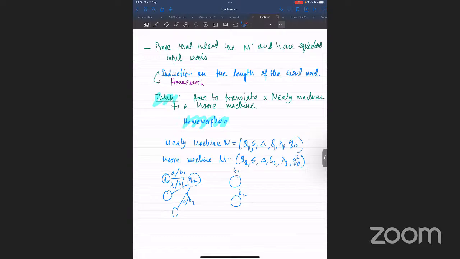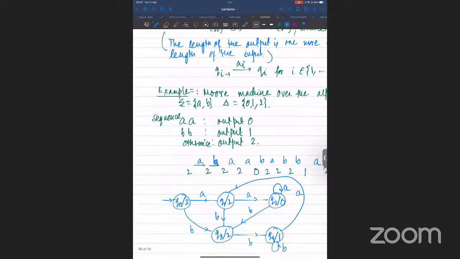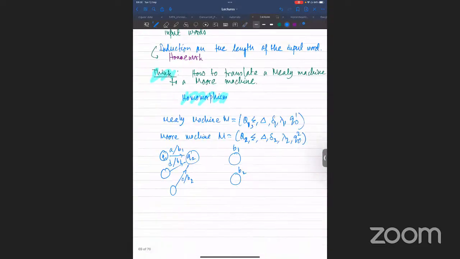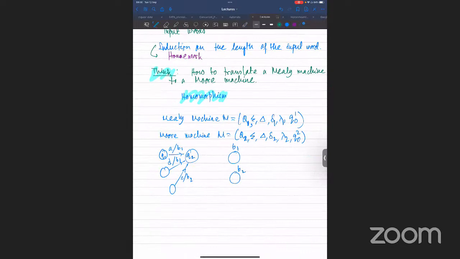Q1 cross delta, right? Very good. So we can have our Q2 to be equal to Q1 cross delta, right? So here, for example, we have a state which is Q2, and then here, let's say we have Q1, you read A, you go to Q2, comma, this kind of a state, Q2, comma, B1.